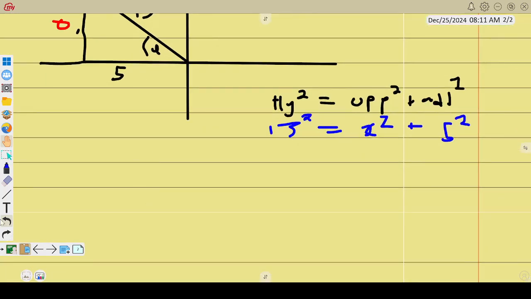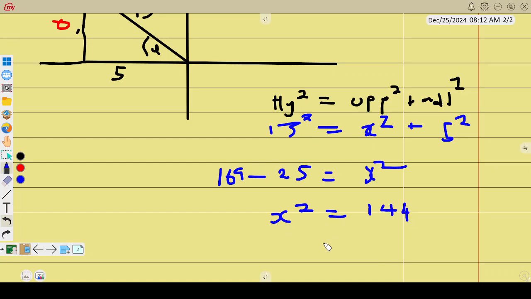So we can find the value of x, where we say 13 squared is 169 minus 5 squared. When it comes this side, it's minus 25. So we have x squared. So you have to do what is 169 minus 25. Remember, no calculators. So x squared is equal to, when you subtract these two, you get 144. And the square root of 144 is 12.